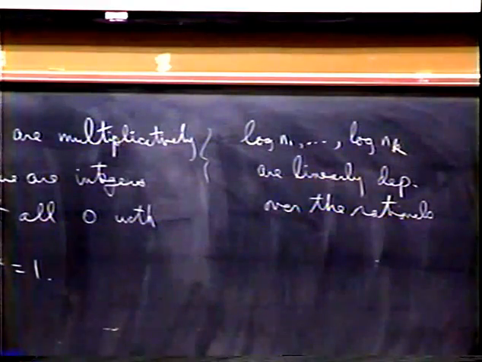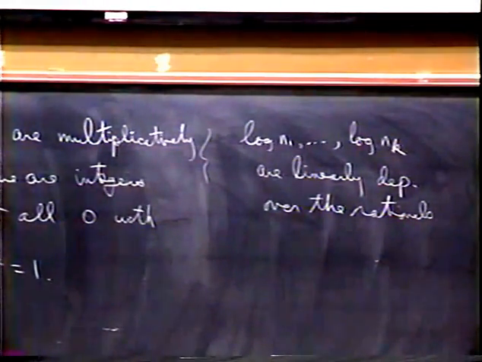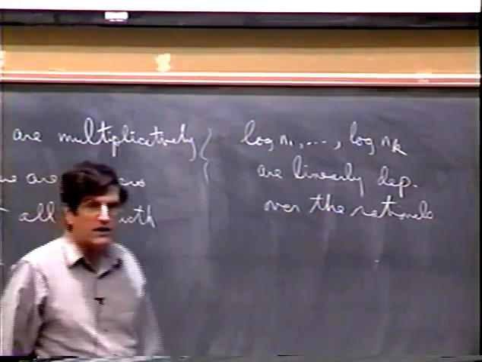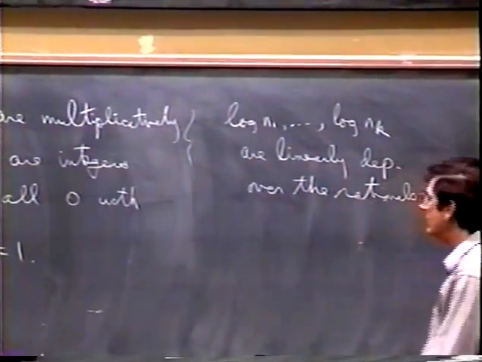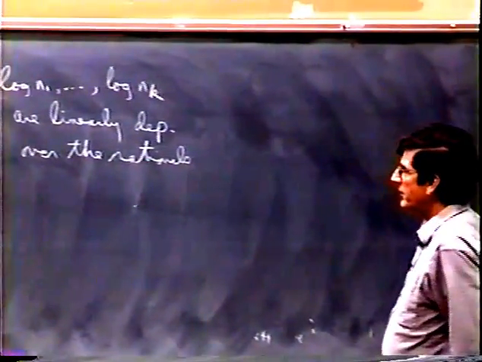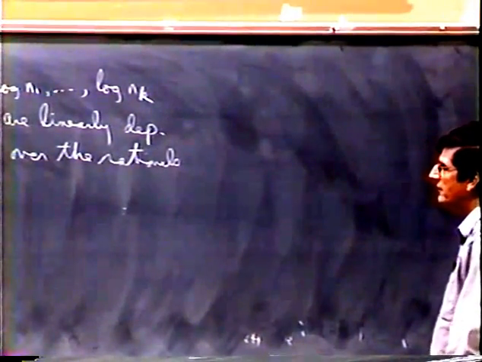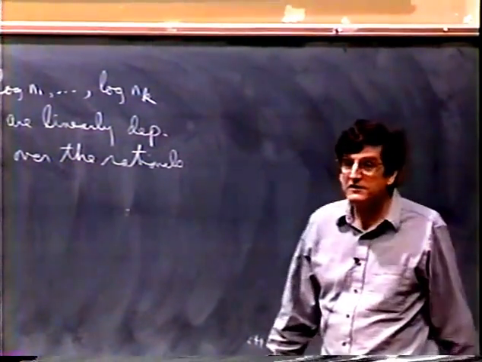Now I claim that there's a simple criterion for recognizing a multiplicatively dependent set of integers. Let me give you a numerical example of some integers that I am sure are multiplicatively dependent. In fact, why don't you give me some integers?